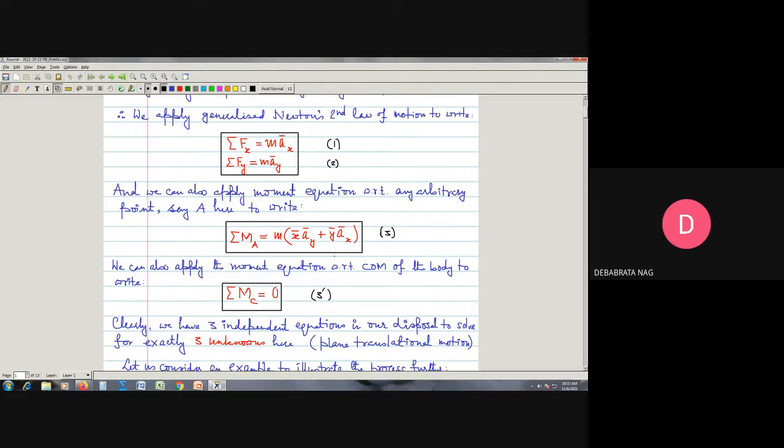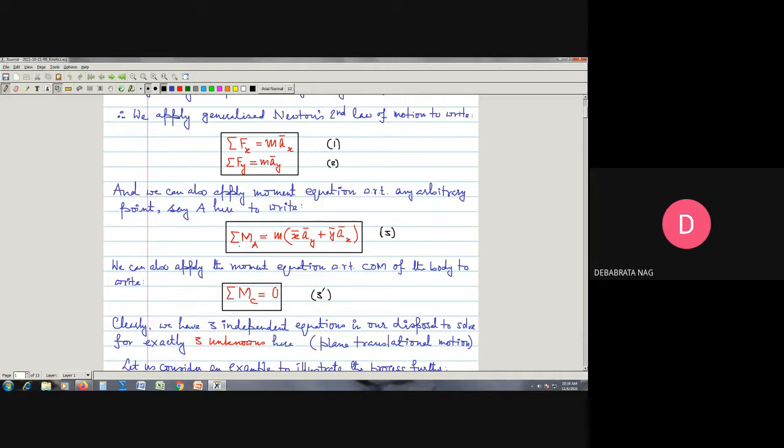In that case, we need to decide which direction we are going to take as the positive one. Conventionally, the anti-clockwise moment is taken to be positive. Whatever the nature, according to that you need to decide which direction you will arbitrarily call positive. Then of course the opposite direction will be negative.